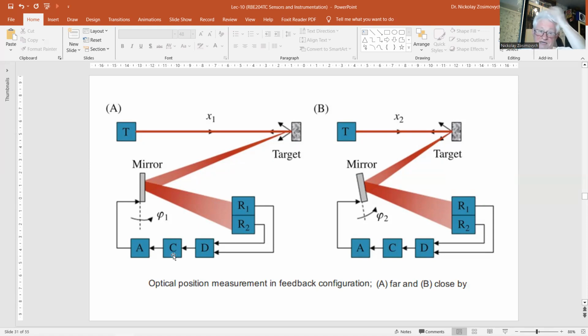The light reflected by the movable target is projected onto two photosensors via a rotating mirror. The position of this mirror is controlled such that the two sensors receive equal radiation, like position X in figure A. The corresponding angle of the mirror is phi 1.